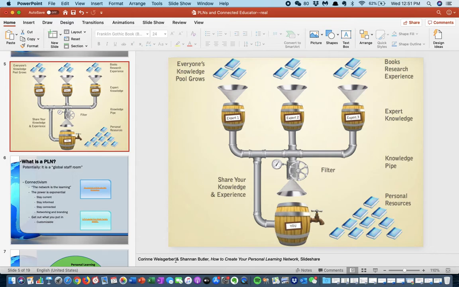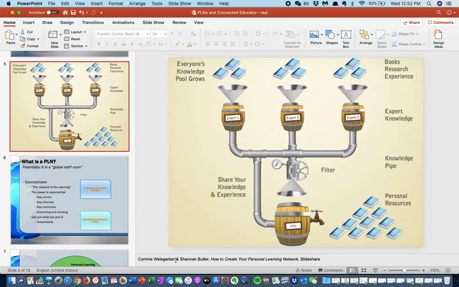Now, I think in a more modern graphic, we have two things feeding into the expert knowledge, both the books, research, and experience, and your PLN. But when you're introducing PLNs to people, you want to distinguish the difference between a PLN and the books and research. So that idea that you have an analog collection of materials, experiences and resources and a digital collection of those things, I think it gets the point across a little more clearly.